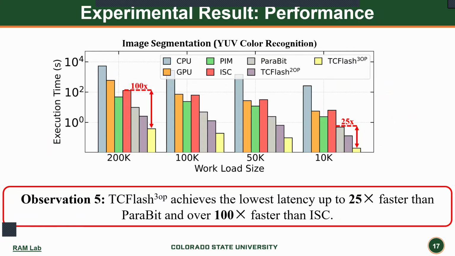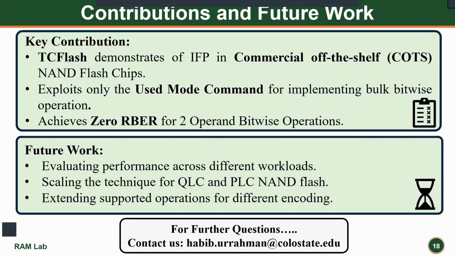We also evaluated our performance with an image segmentation workload, and we see that the TCFlash 3-operand operation achieves 25% faster than Parabit and over 100x faster than in-storage computing, which is Cosmos implemented in OpenSSD.